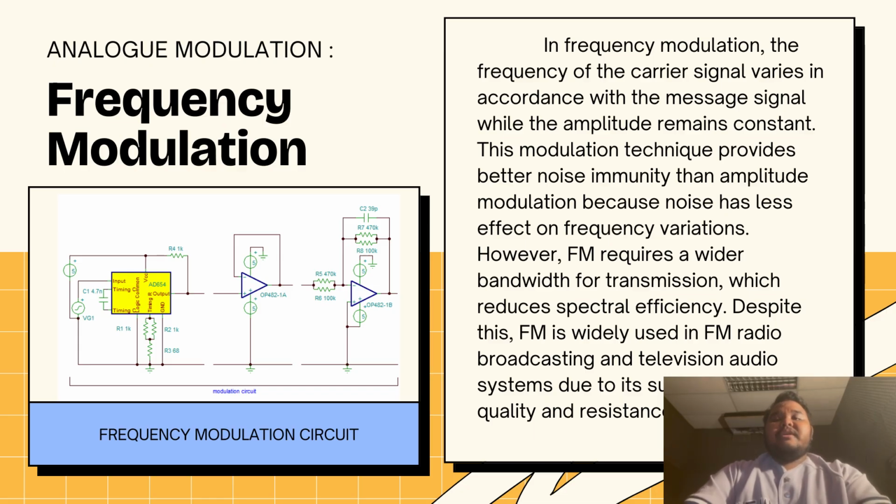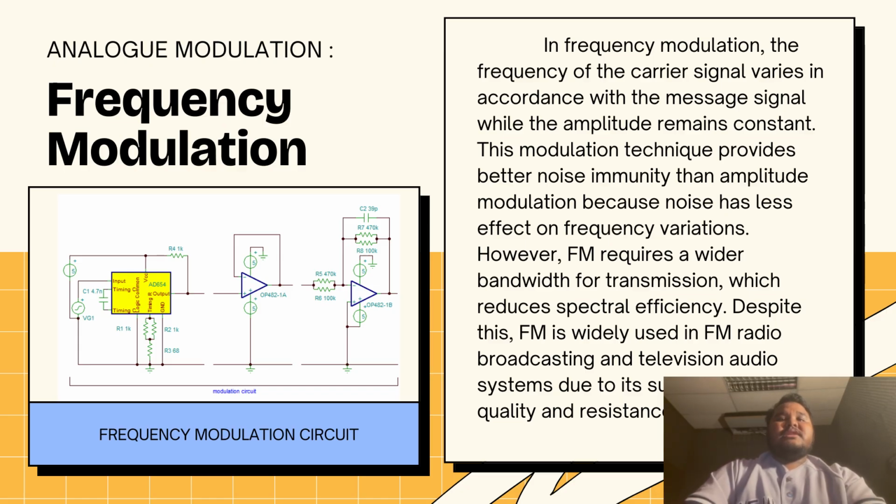However, FM requires a wider bandwidth for transmission, which reduces spectral efficiency. Despite this, FM is widely used in FM radio broadcasting and television audio system due to its superior sound quality and resistance to interference. So on the left side of the slide, you can see the frequency modulation circuit.